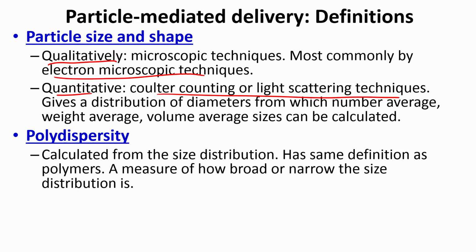We will discuss why there is polydispersity, but there is quite a bit of polydispersity that you may find in different samples. To define that, we have this term called polydispersity that basically describes the size distribution: how many particles are there with, let us say, 1 micron, how many with 500 nanometer. Essentially it is just a measure of how broad or narrow the size distribution is.